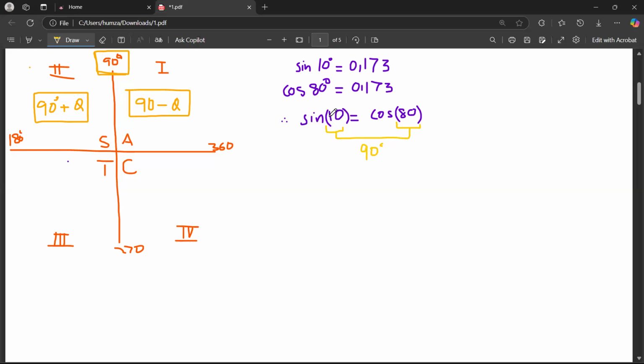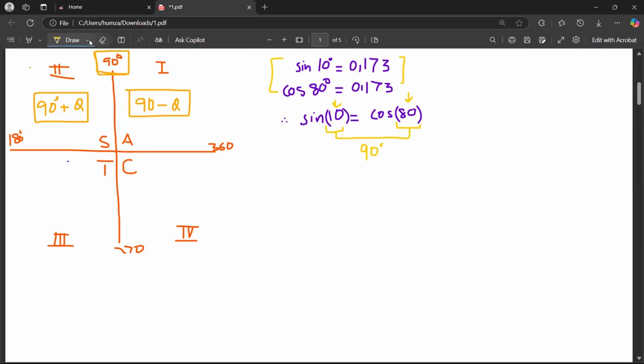That is why we say that sine 10 is the co-function of cos 80 degrees, because this angle and this angle add up to 90 degrees. They have the same values, and when we add their angles, they equal 90 degrees.